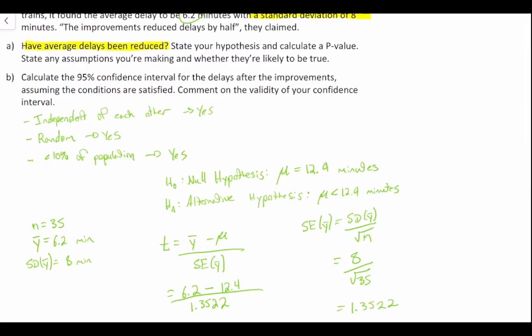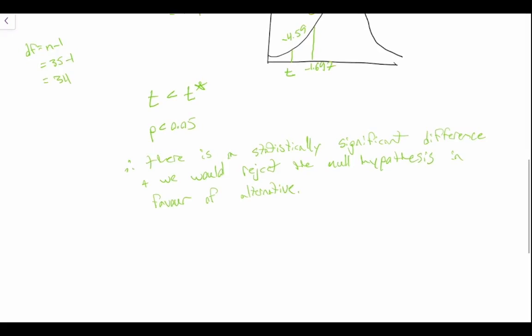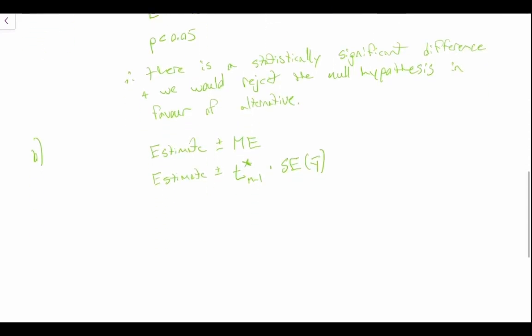So B, calculate the 95% confidence interval for the delay. So we remember that our confidence interval is simply equal to our estimate plus or minus our margin of error, where our estimate plus or minus our t star at n minus 1 degrees of freedom times our standard error of y bar, right?